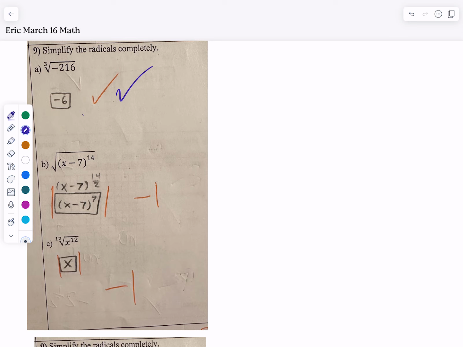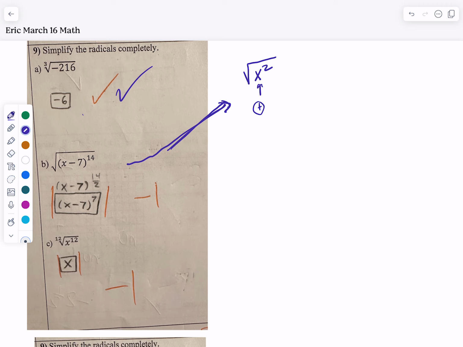Now let's look at this. B and C are basically the same problem. You got the answer right, but you have to be careful because it has to do with positives and negatives. The key here is the square root of x squared. This number will always be positive, because if you take a number and you square it, it will always be positive.